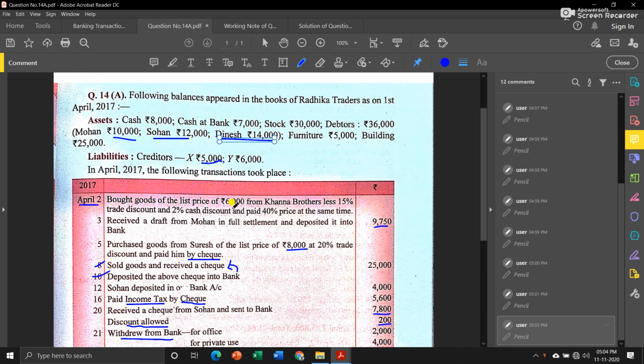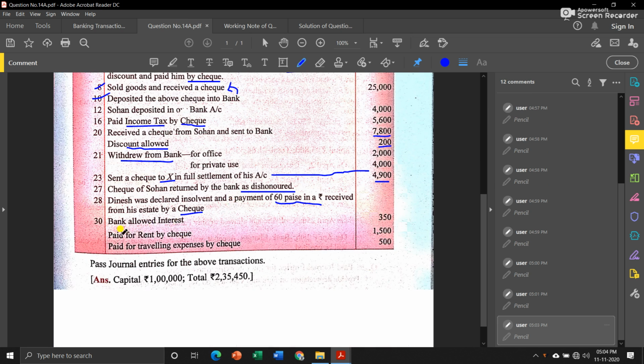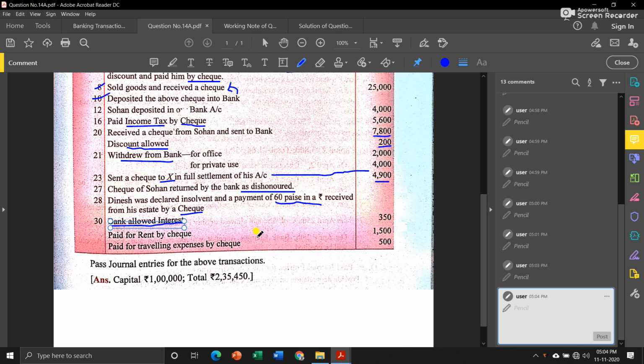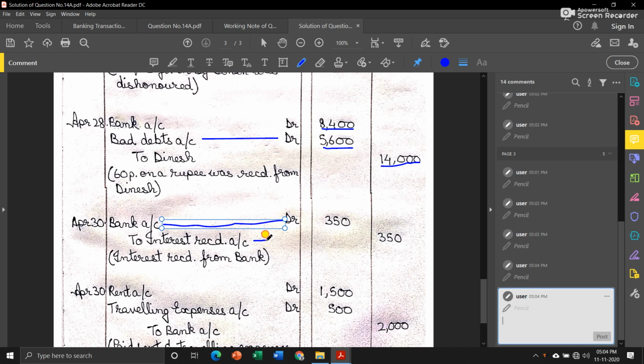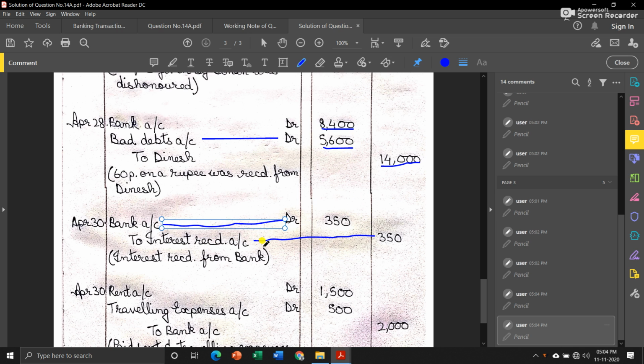Okay, now the next transaction, bank allowed interest. That means bank gave us interest, since it is an income for us, and when bank gives us interest, they directly deposit it into our bank account, so our bank is receiving that amount. Okay, so bank account will be debited and interest received account will be credited.